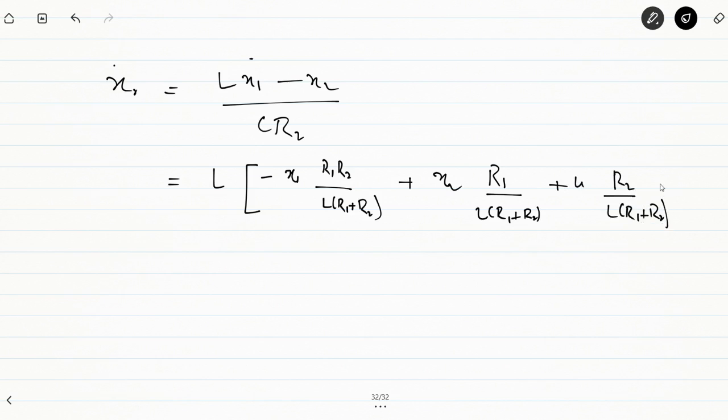So this is instead of X1 dot, फिर minus X2 divided by CR2.